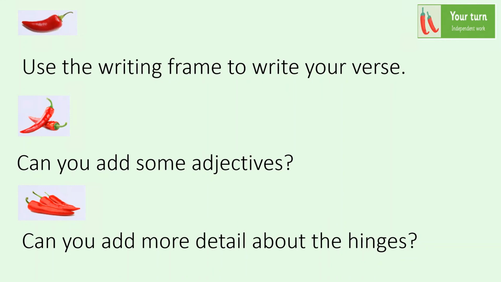And then Chilli 3, can you add more detail about the hinges? So with mine, instead of just leaving it that its hinges are made from feathers, I added that extra little bit of information, which open with the wind. So see if you can add a little bit extra information to your verse too. Off you go.